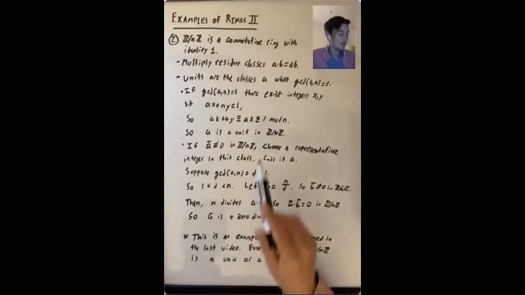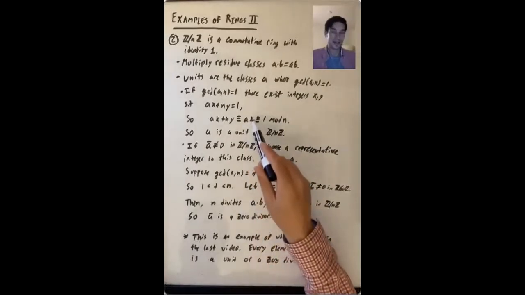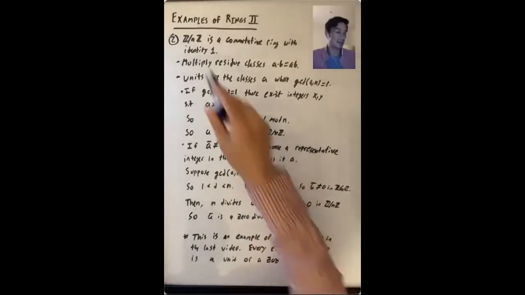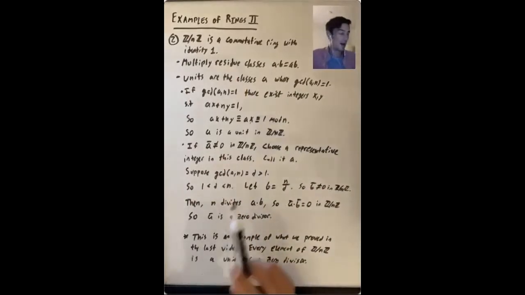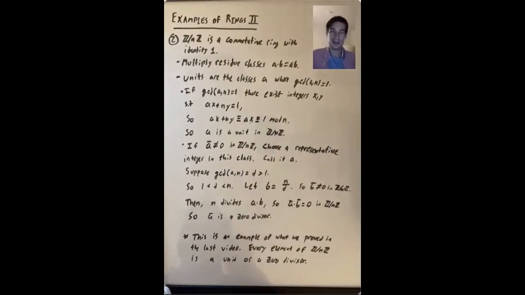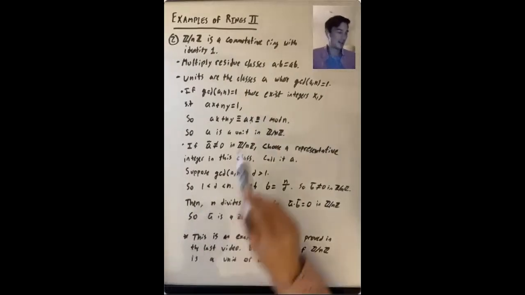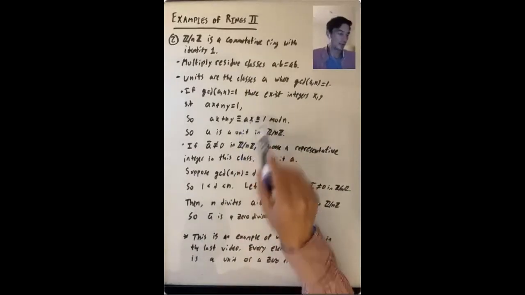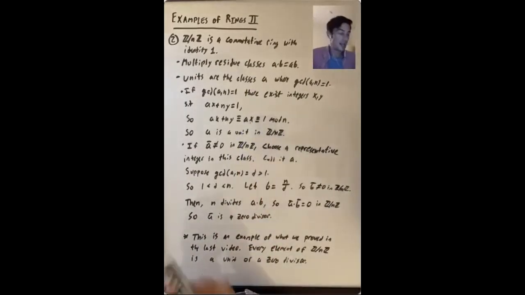So what does that mean? There is some other residue class, the class of x, some other element of Z mod nZ, where a times x is 1 in Z mod nZ, the multiplicative identity. This ring is commutative, so if ax equals 1, xa equals 1 as well, and that means that a is a unit in Z mod nZ.